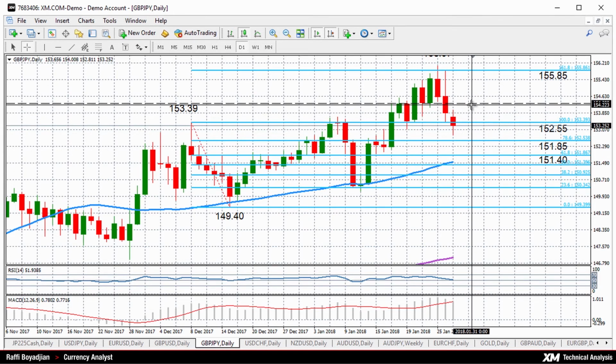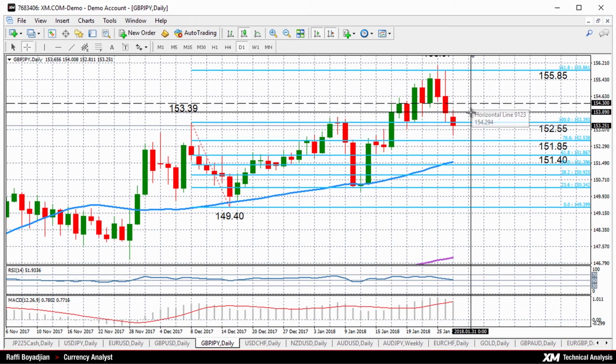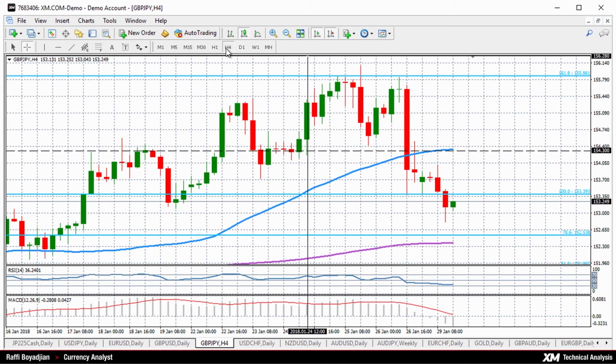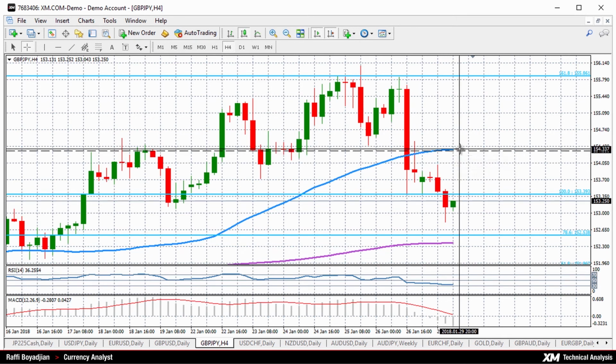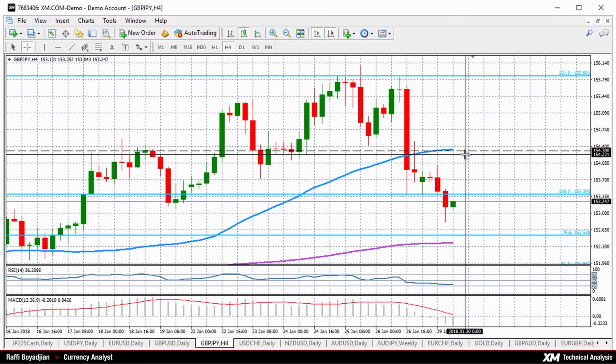If we look on the upside, we do have resistance at 154.30. That happens to be the 50 period moving average in the 4-hour chart. So an important resistance area there at 154.30.